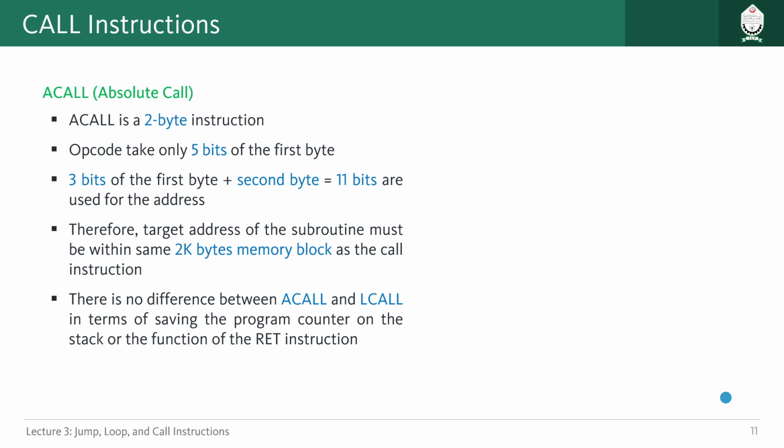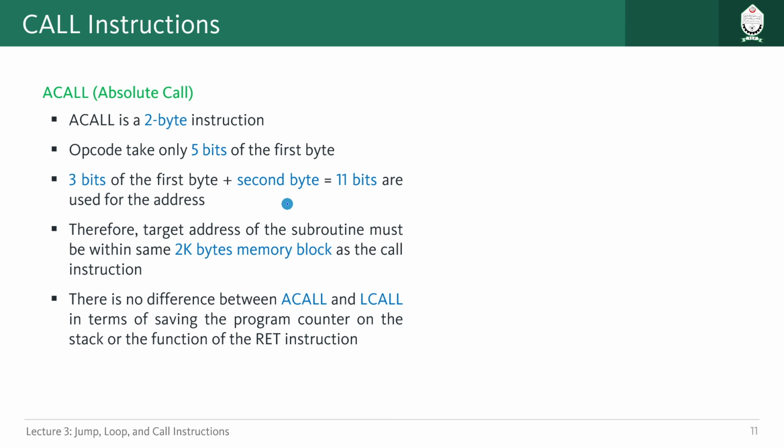Now a call or absolute call. So this is kind of like your short jump situation. So for efficient operation, we have another instruction so that we don't need to use the 3 bytes of L call. So this is a 2 byte instruction, and one of the things which is quite weird here is not the full byte of the first byte is used for opcode, rather only 5 bits of the first byte will be used for the opcode, and 3 bits of the first byte and the total second byte, which is 8 bits, right?